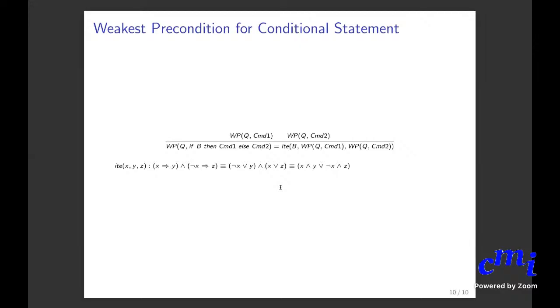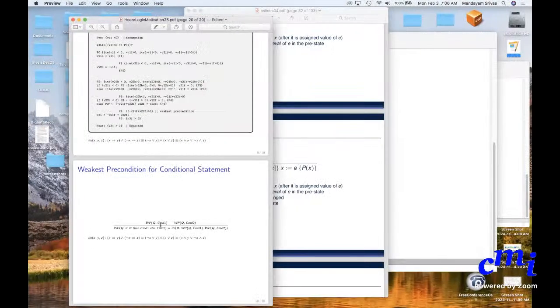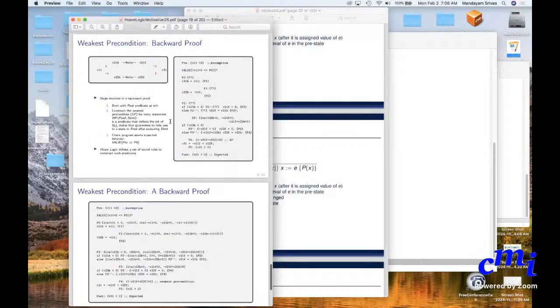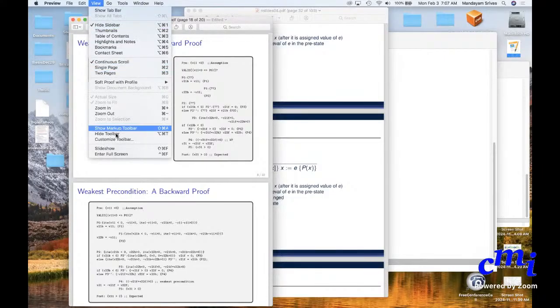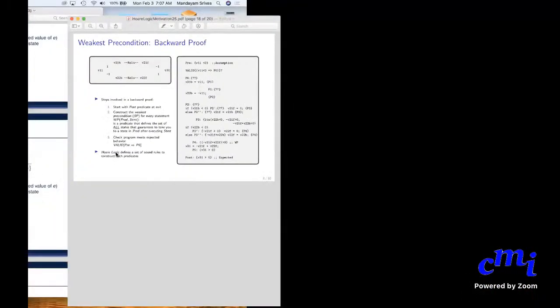So far, what we have covered with these two things is the way to make proofs for straight line programs, including programs that have branches but no loops.